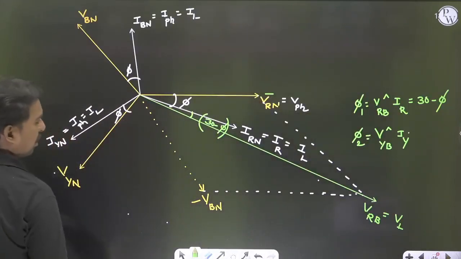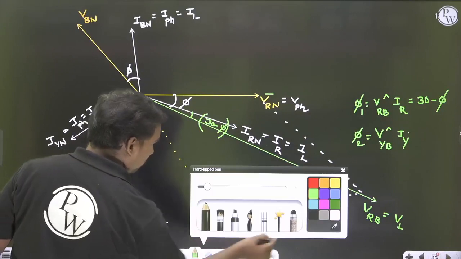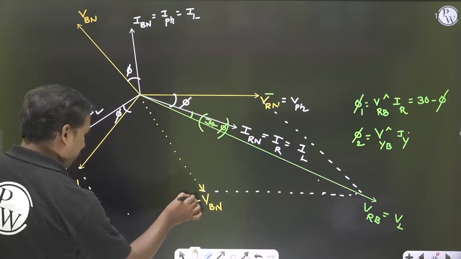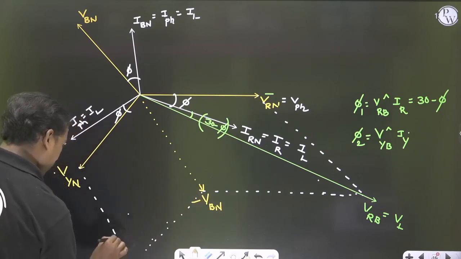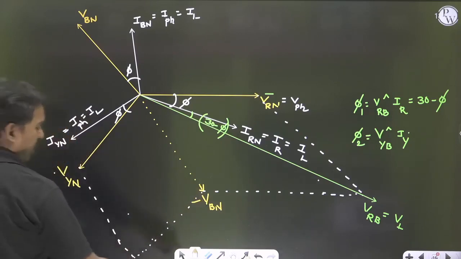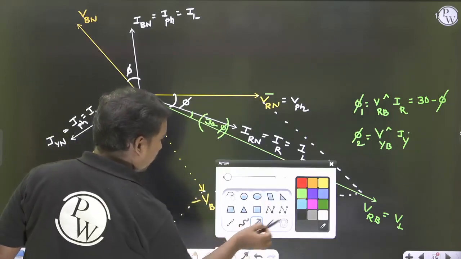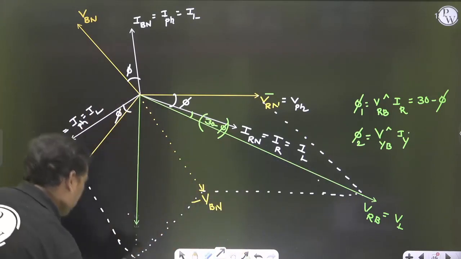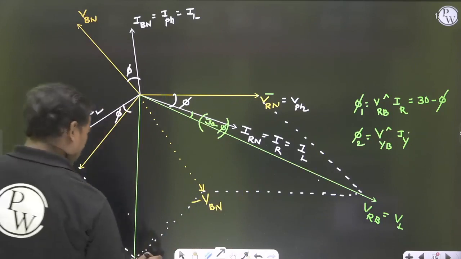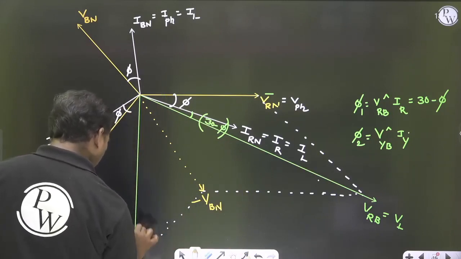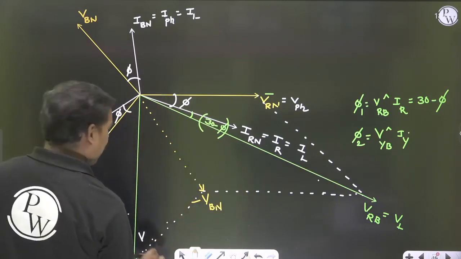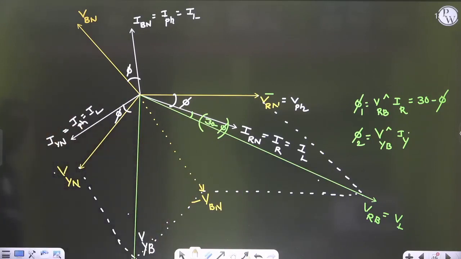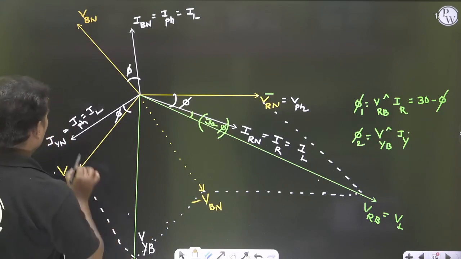Now I have to get the resultant of these two. So this resultant is nothing but VYB. So now I want the angle between VYB and IY.